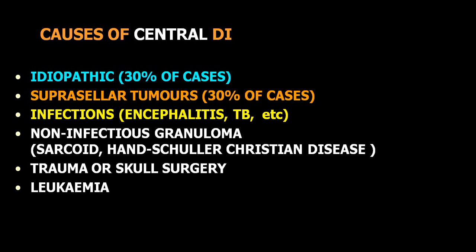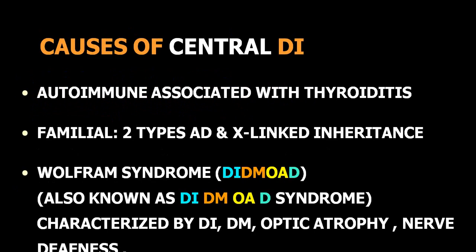Infections like encephalitis, tuberculosis, tubercular meningitis, non-infectious granulomas like sarcoidosis, and a disorder called Hand-Schuller-Christian disease, traumatic injury, particularly basal skull fracture, leukemias, etc. These are some of the causes of central diabetes.